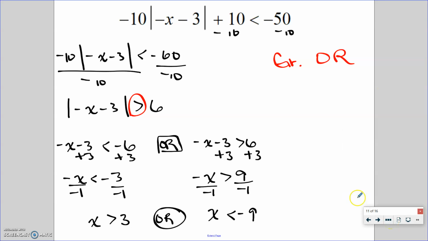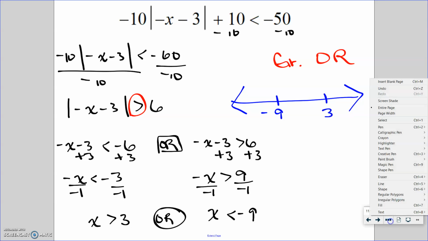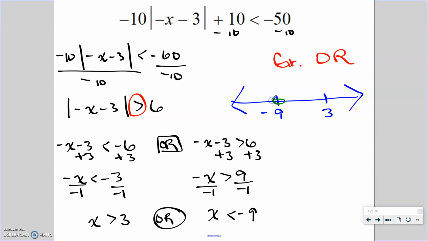Okay, so number line. Points of interest. Negative 9 is to the left, 3 is to the right. And we have open dots on these because these are strictly greater than or less than. No equal to's. And if it's got to be less than negative 9, shade to the left, or greater than 3, shade to the right.